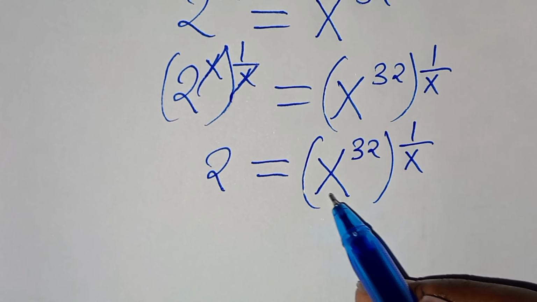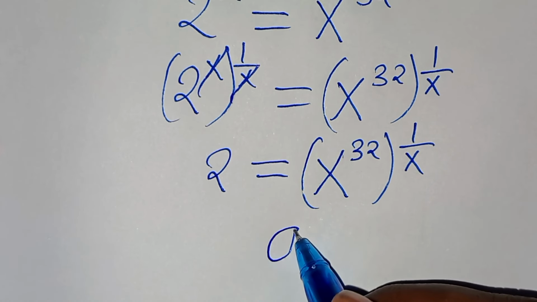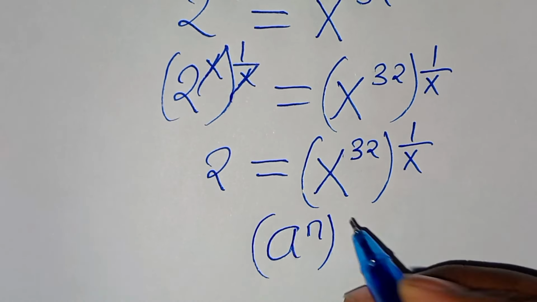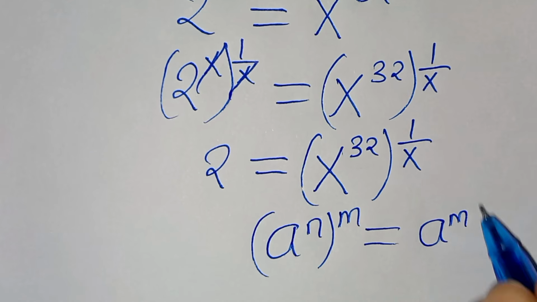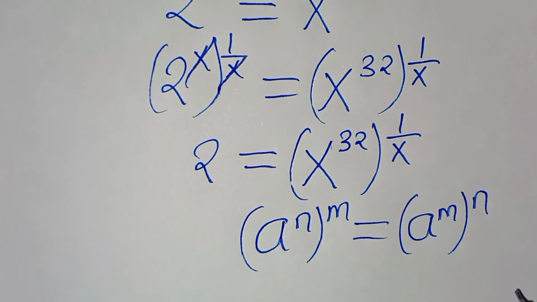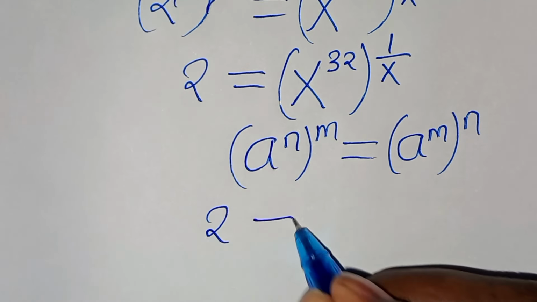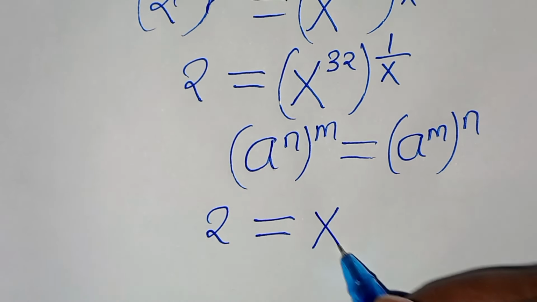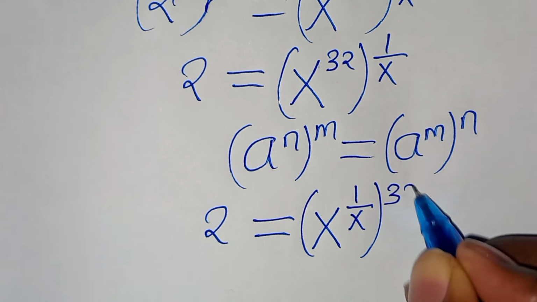The next step is that x to the power of 32 raised to the power of 1 over x is in the form of a to the power of n raised to the power of m, which we can express as a to the power of m raised to the power of n. So this implies we have 2 equal to x to the power of 1 over x raised to the power of 32.